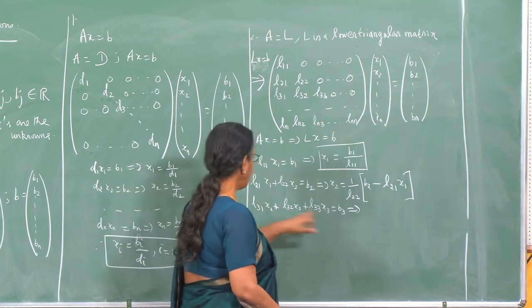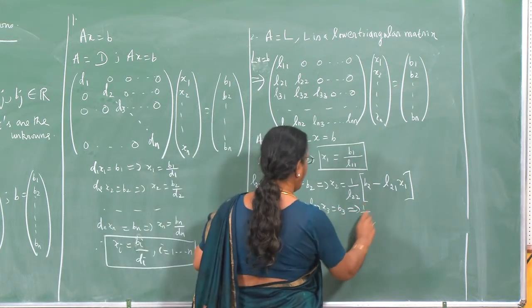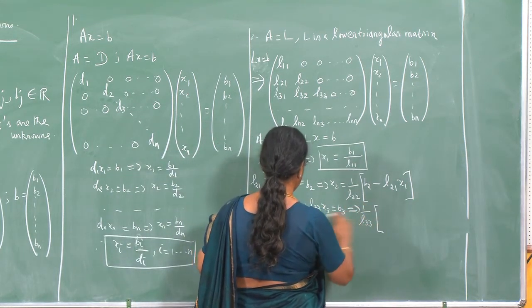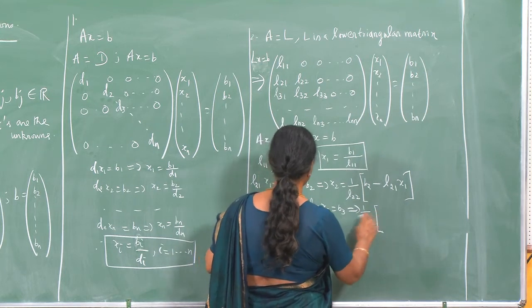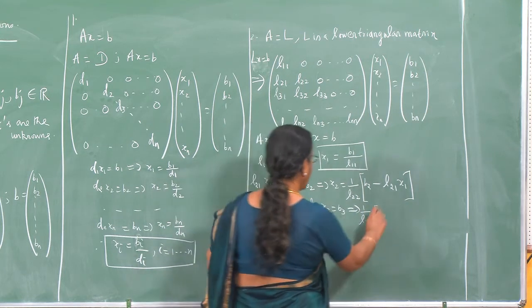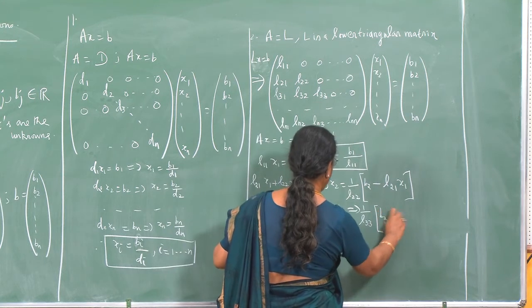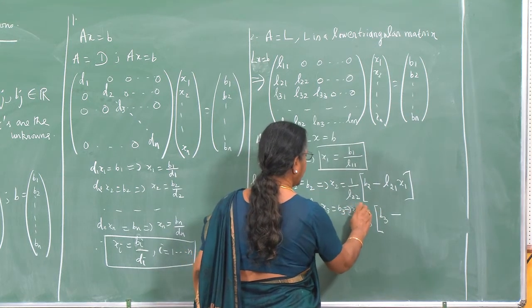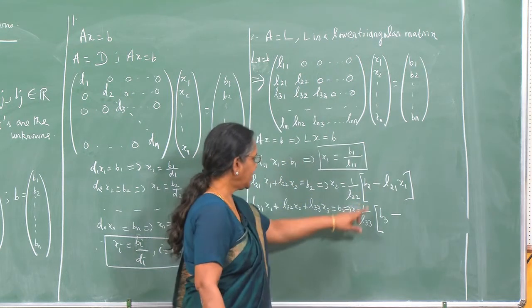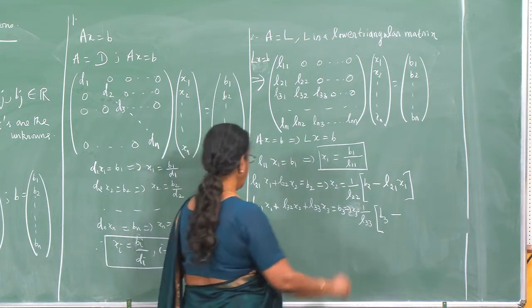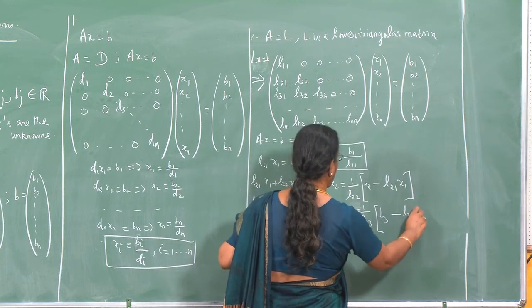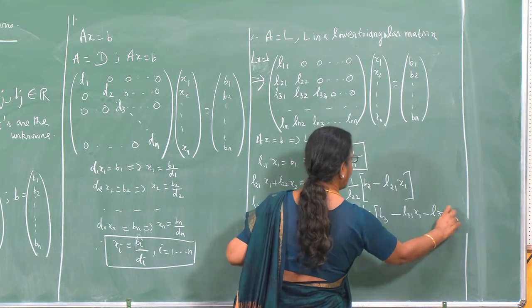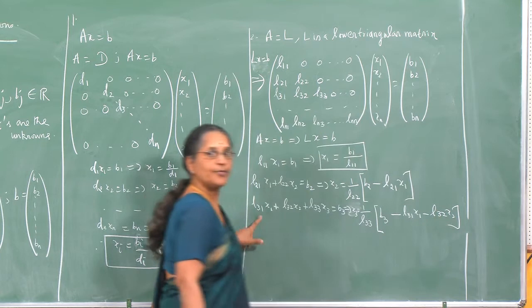So, this gives you x3 as 1 by L33 into B3 minus L31 x1 minus L32 into x2.